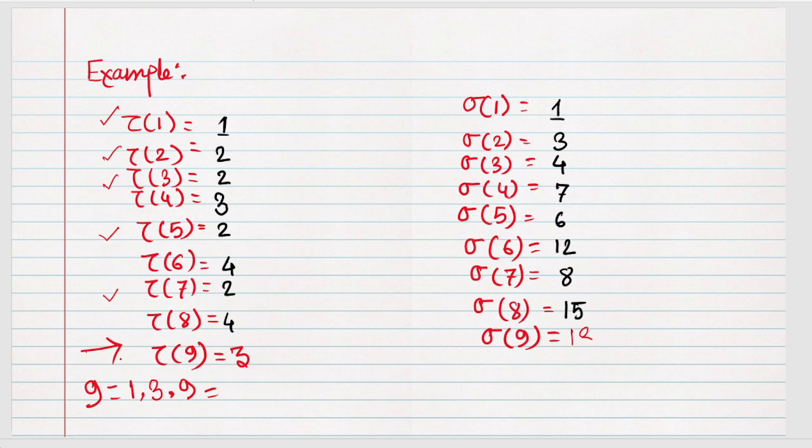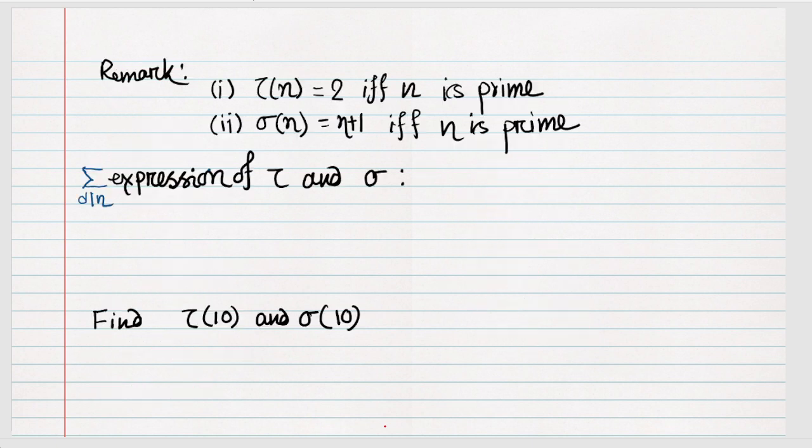Similarly for the sigma function, sigma of 2 equals 3, sigma of 3 equals 4, sigma of 5 equals 6, and sigma of 7 equals 8. So for prime numbers the sigma value is always n plus 1. If n is a prime number, then the sigma function of that number will always be n plus 1.